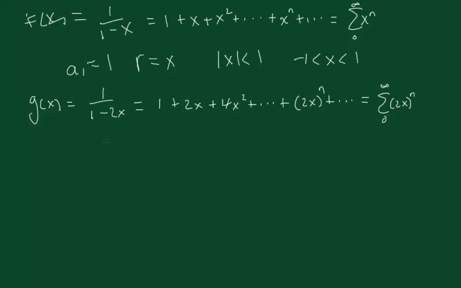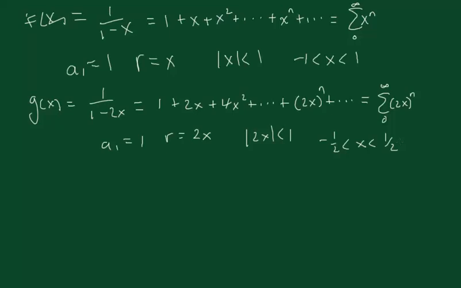It is geometric, where the first term is 1 and the common ratio is 2x. And this will converge for the absolute value of 2x less than 1, which will lead us to -1/2 is less than x is less than 1/2, the interval of convergence.